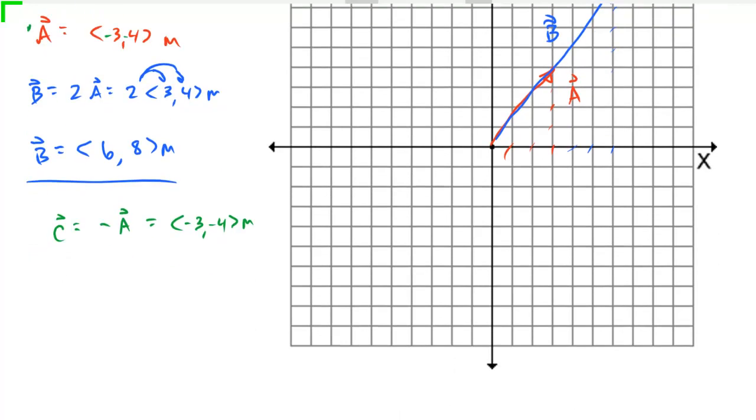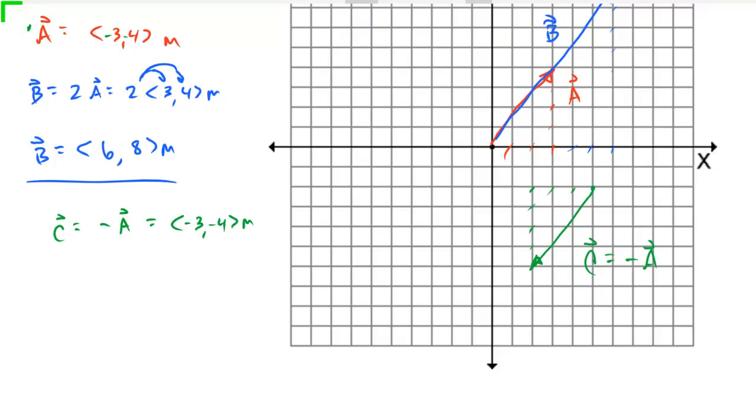So vector C would, if we start at the origin, actually we can start anywhere, let's just start right here. And then we move. Negative would suggest that we're moving to the left and downwards. So in the x direction, we'll move 3 to the left, and then downwards 4, and we end up right here. So this is vector C, which is equal to the negative of vector A.